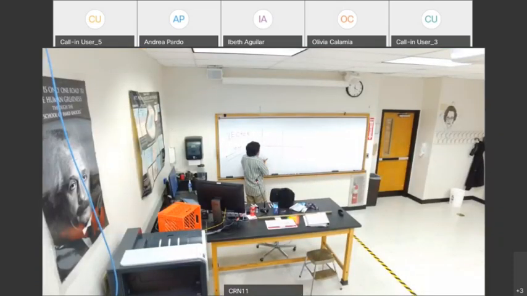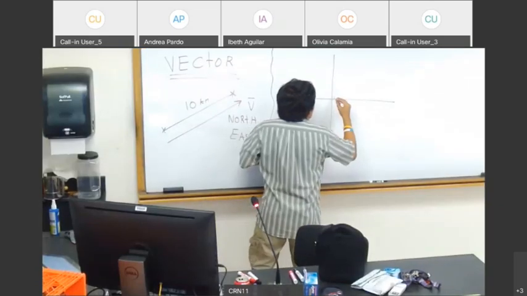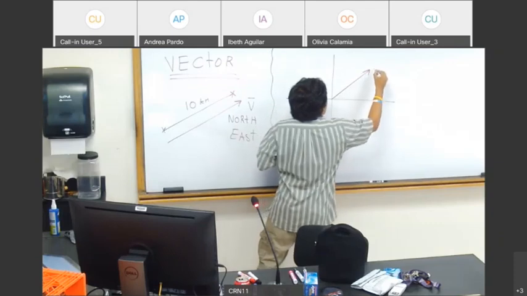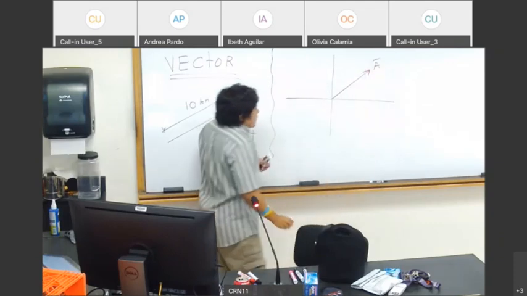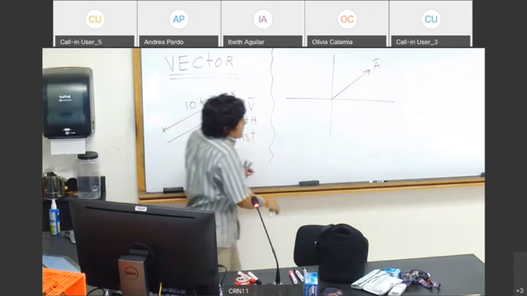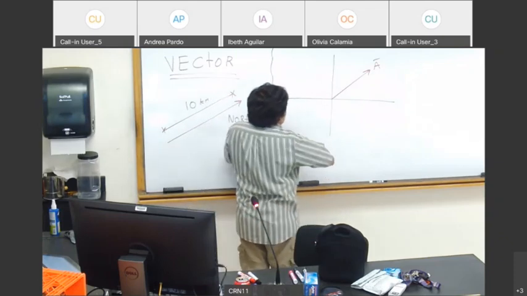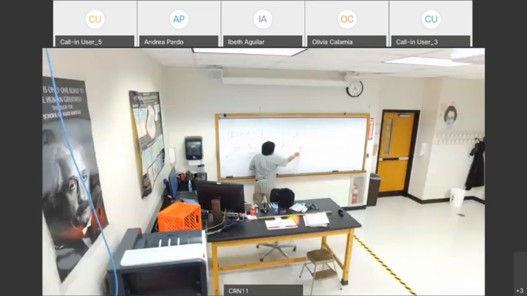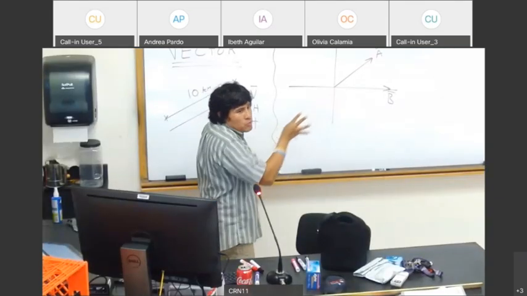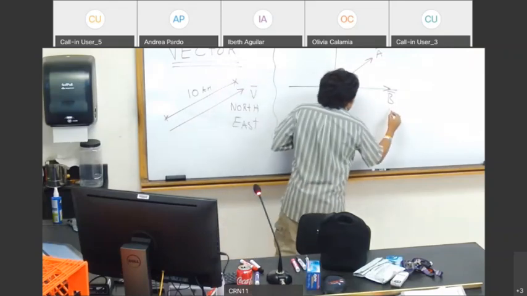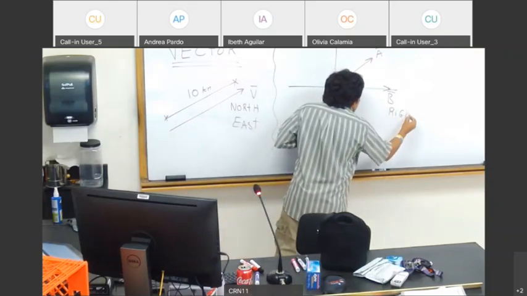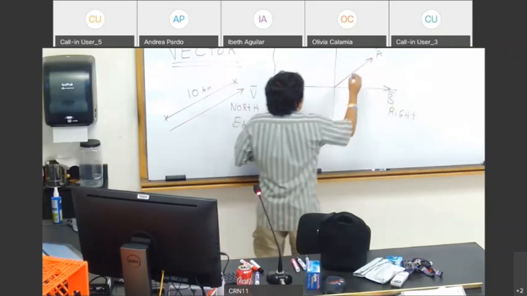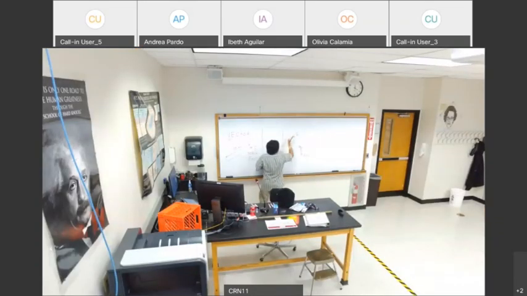There it is, that's vector A, going to the right, and this will be vector B. These two vectors have positive directions. They are going to the positive. This is going to the right. That's positive. This vector is going to the right and upwards.